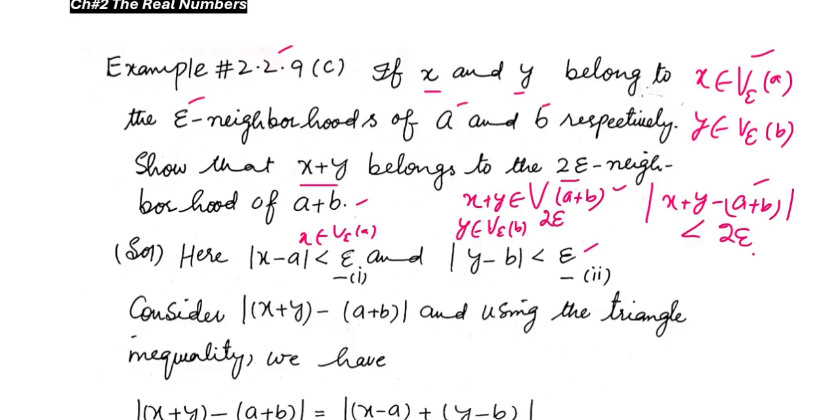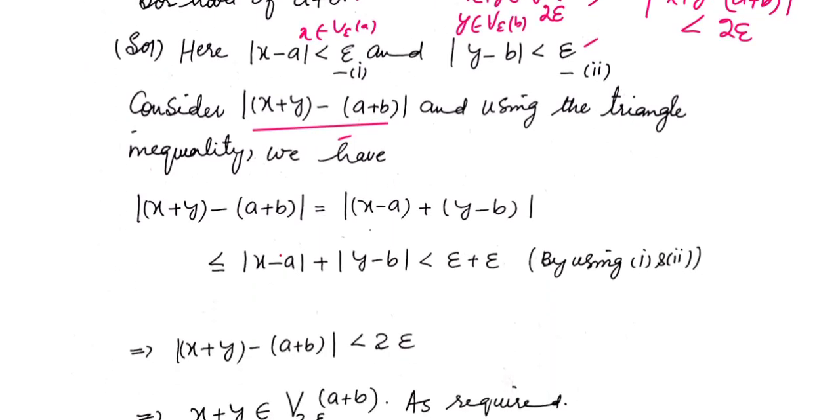So consider this expression and use the triangle inequality. We can write this expression as x minus a plus y minus b by combining a with x and b with y. Now applying the triangle inequality, you know the triangle inequality says absolute x plus y is always less than or equal to absolute x plus absolute y.